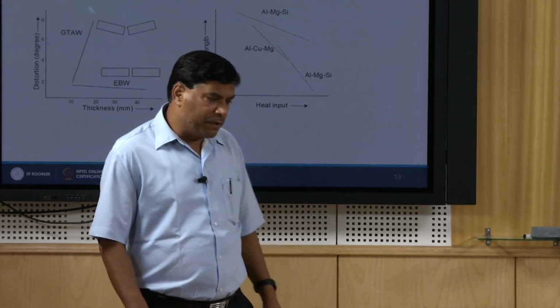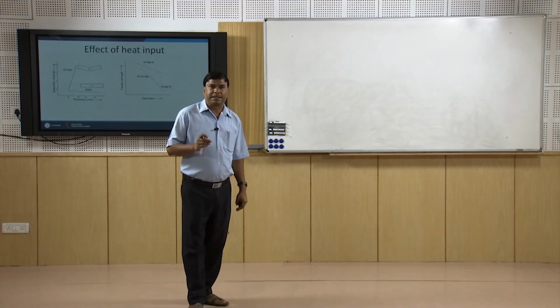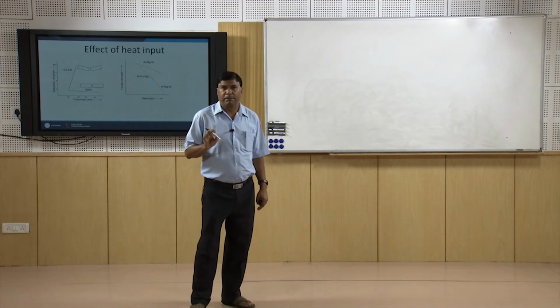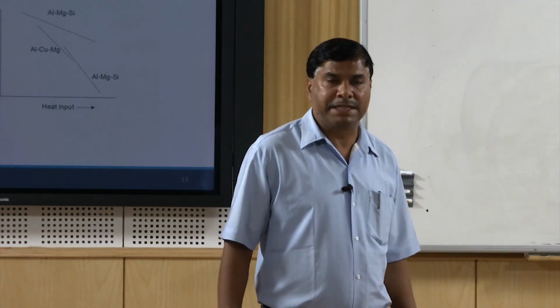So, it is very important that the amount of heat being delivered to the workpiece is kept as minimum as possible for developing a sound weld joint, so that the joint performance is not compromised much.